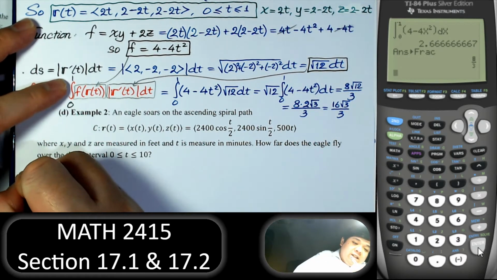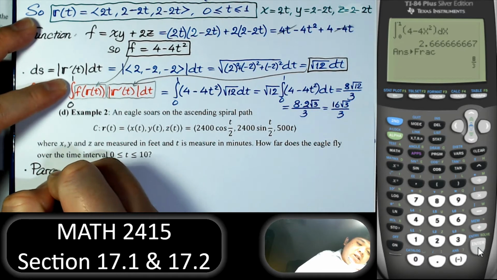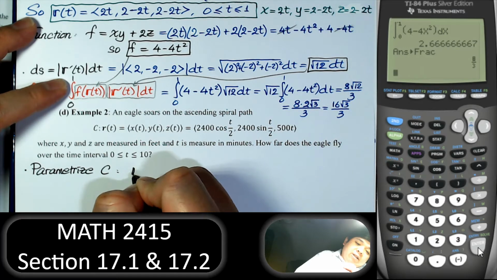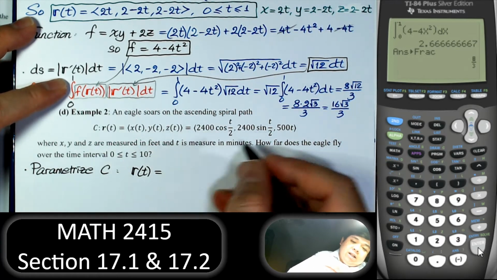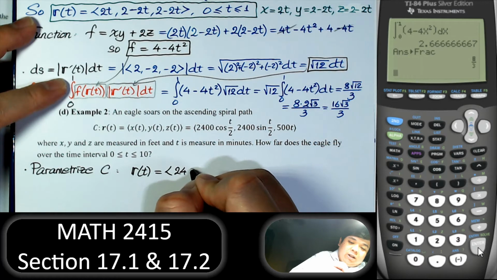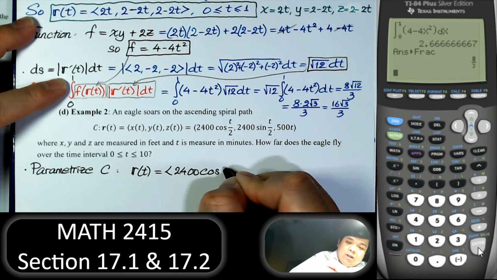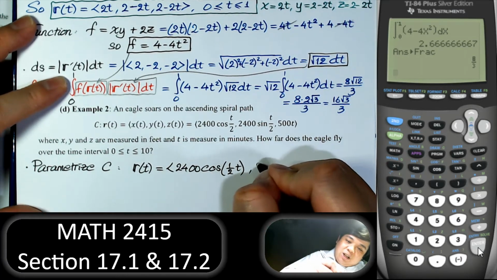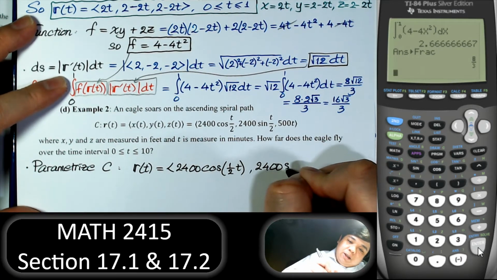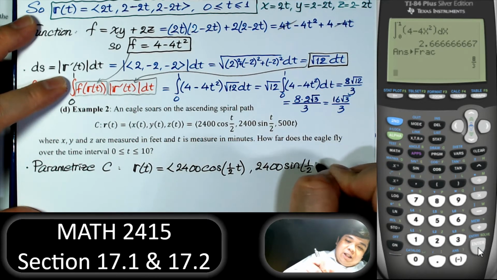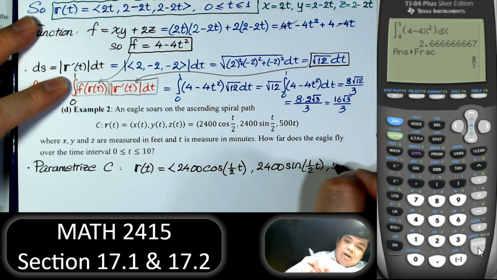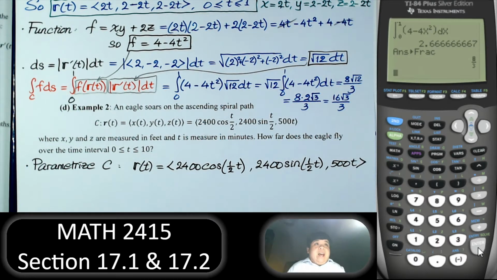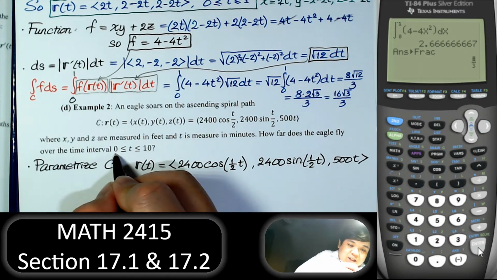We already have r equal to 2400 cosine of 1/2 t, and then 2400 sine of 1/2 t, and then 500t. Right, we already have that, and we already have the limits as well.